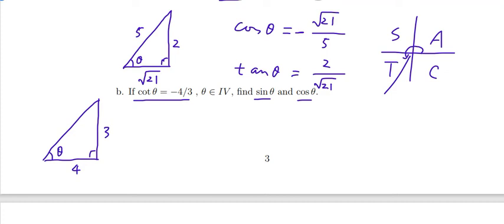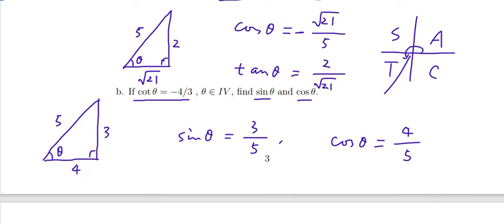So there's 3, there's 4, there's 5. From here we can find that sine equals 3/5 and the cosine equals 4/5, right? So from the right triangle we find the values.